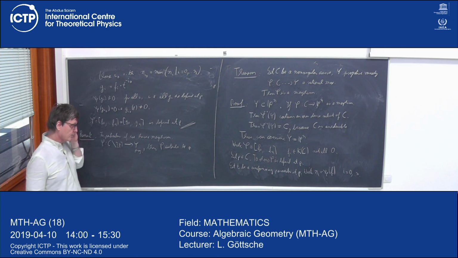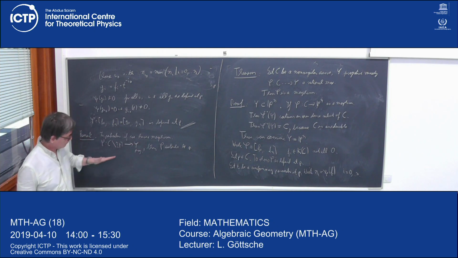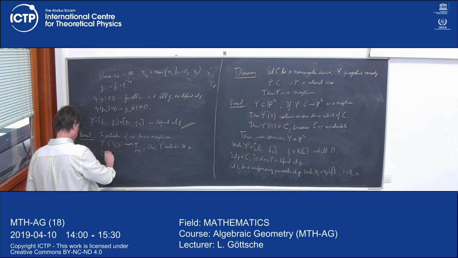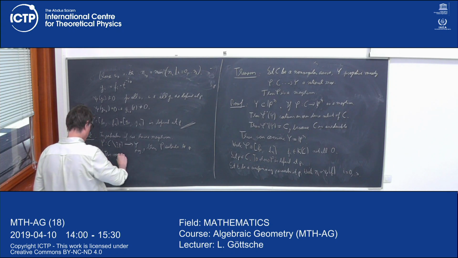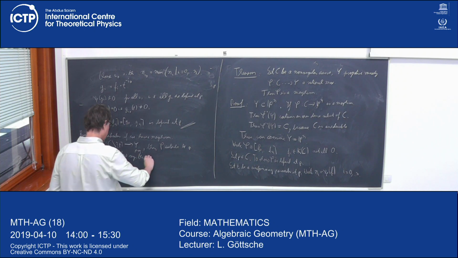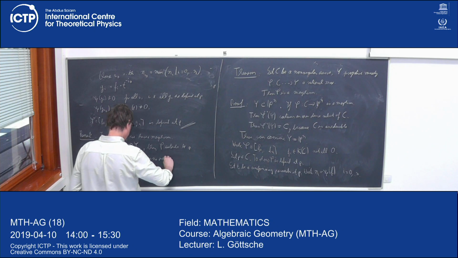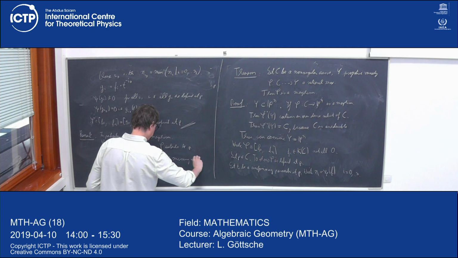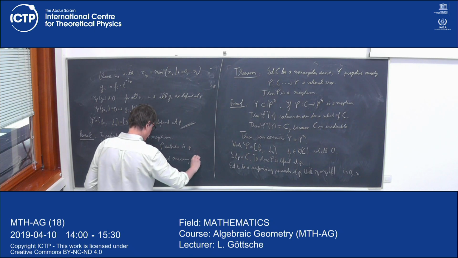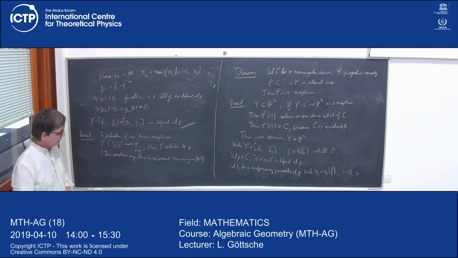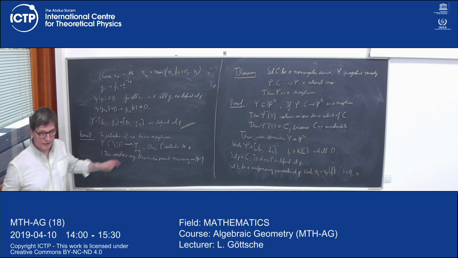So this is some kind of completeness result, showing that there is no point missing in Y. And as I said, it's equivalent to completeness, and you really need that Y is projective.